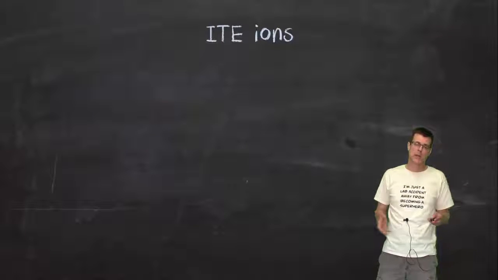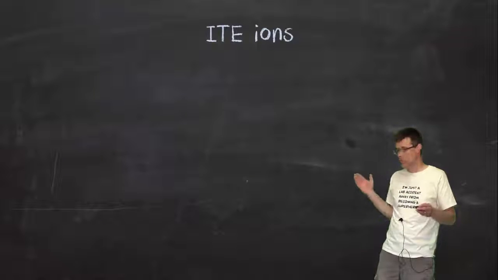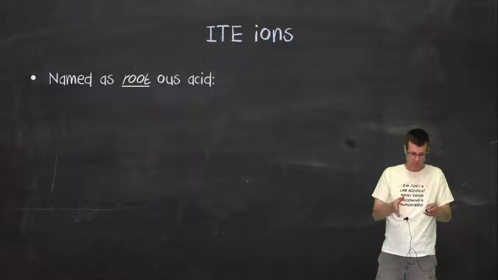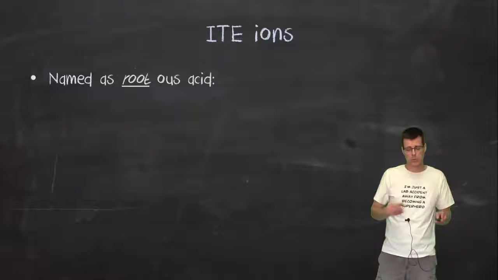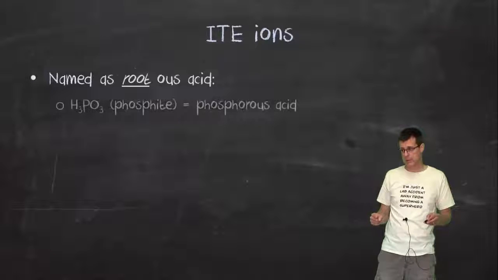Third kind of negative ending we have is the ite ions, I-T-E. Similar to the previous one, we don't have a hydro in front, we just have the root name and an ous ending.